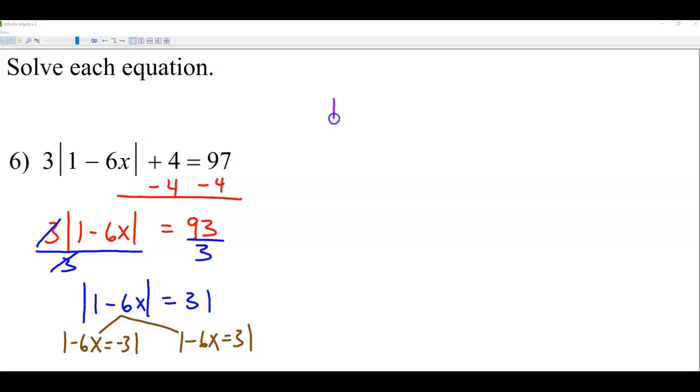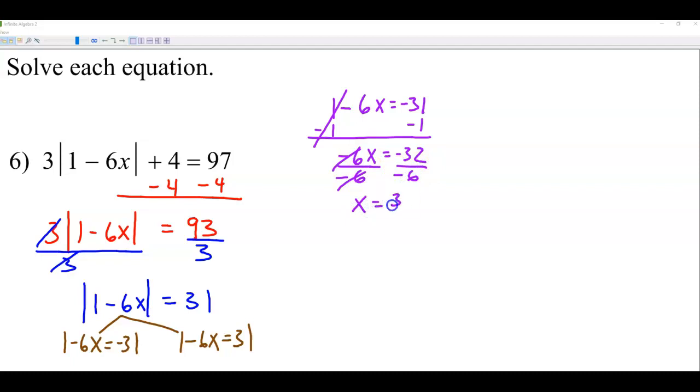So I'm going to do 1 minus 6x equals negative 31. Step 1 is to subtract 1. Step 2 is to divide. The negatives cancel, and we can also reduce to get 16 over 3. So there's one of my solutions.